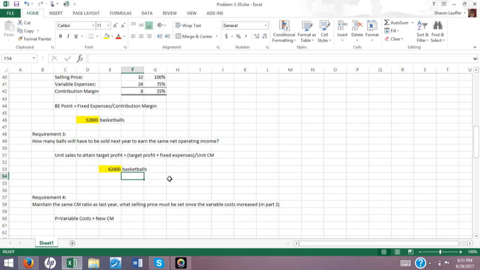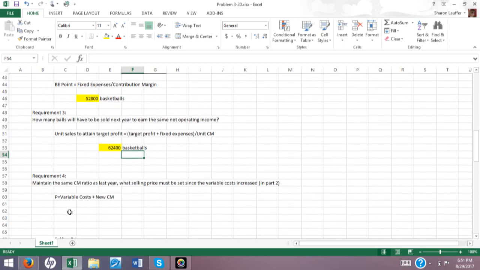All right, so requirement 4. We want to maintain the same contribution margin as last year. What selling price must be set since the variable cost increased in part 2? Remember, our variable cost increased to $24. Here I put in a formula, and the P stands for our new price, and then we've got variable cost plus our new contribution margin.